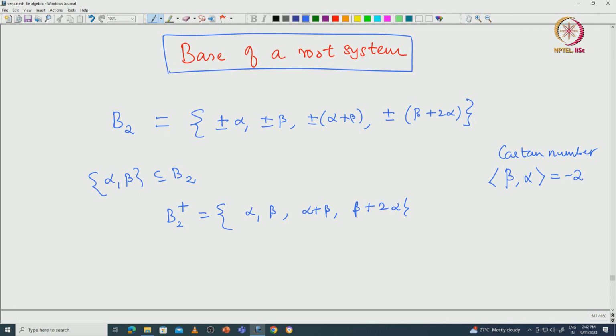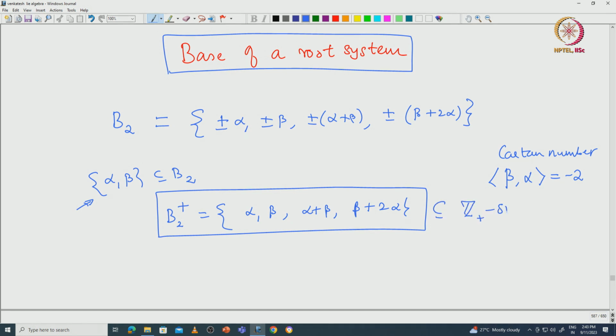So, this gives the roots that behave like positive roots with respect to alpha and beta. What I mean by positive roots is non-negative integral linear combinations of alpha and beta. So, this is a subset of Z plus span of alpha, beta, where Z plus is the set of non-negative integers.